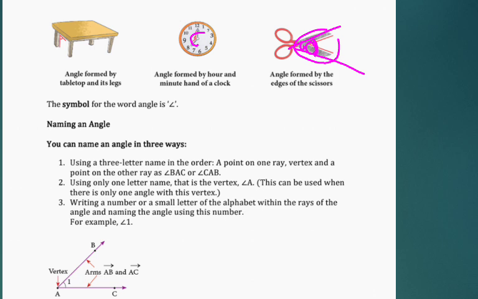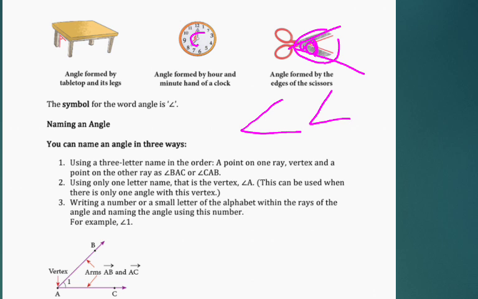So the symbol for the word angle is like this, right? So how to name an angle? You can name an angle in three ways, using three letters.